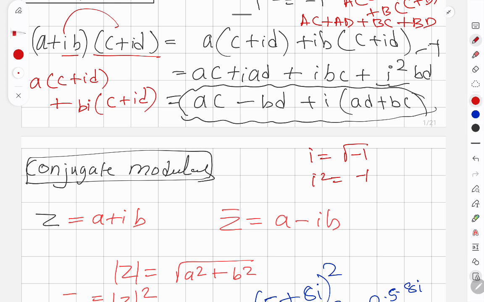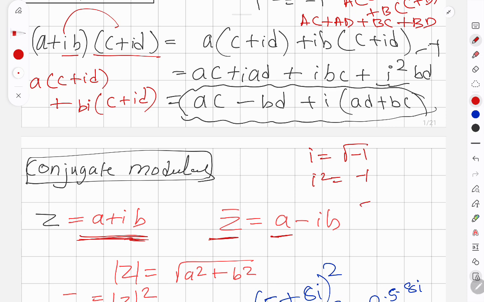So if you have a complex number as a plus ib and you want the conjugate of that complex number, it's denoted by z bar or z conjugate. So z conjugate is a minus ib, so you just need to change the sign of the imaginary part.